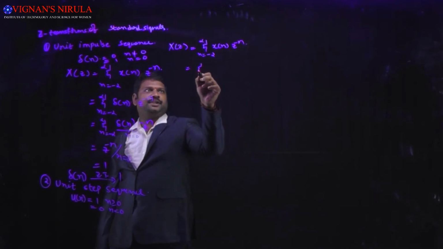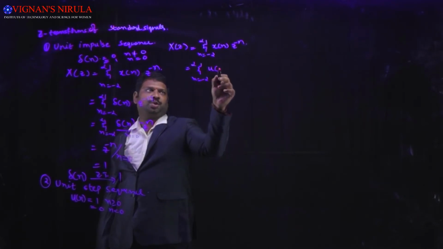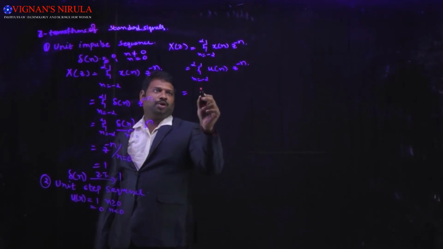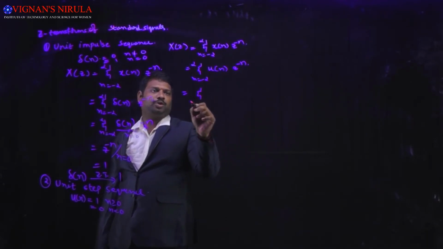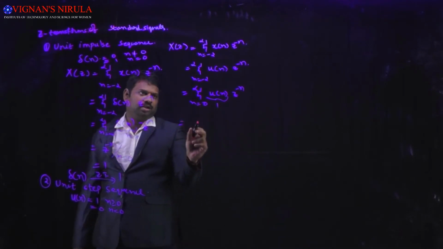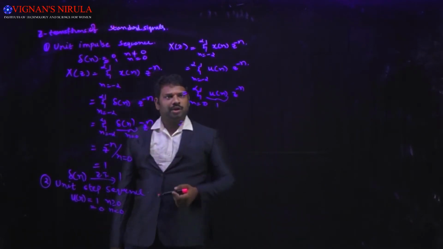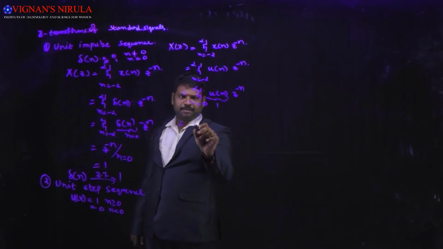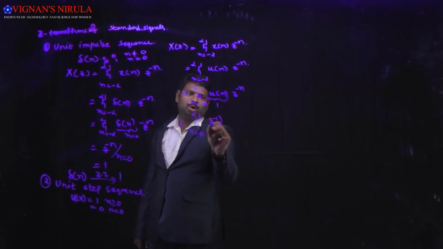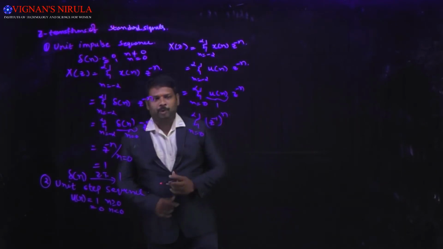Then, what is the x of n? It is u of n z power minus n. As u of n is defined for n equal to 0 to infinity, and the amplitude of u of n is 1, we put the values like this: the summation n varies from 0 to infinity of z inverse whole power n.